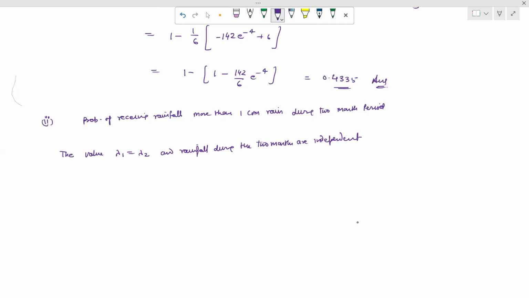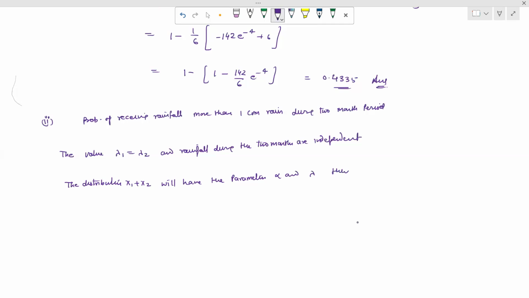So the distribution we write down as x1 plus x2. So x1 we consider for month 1, x2 for month 2. So we'll have the parameters alpha and lambda.